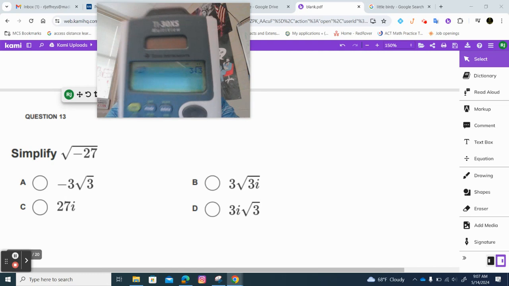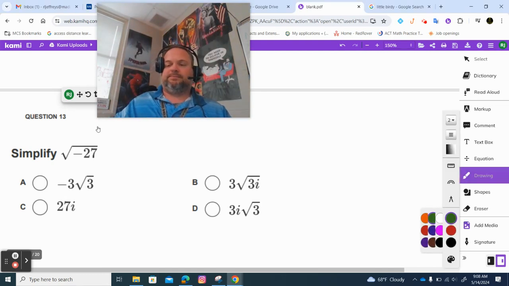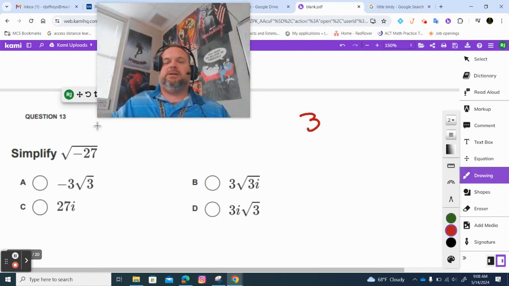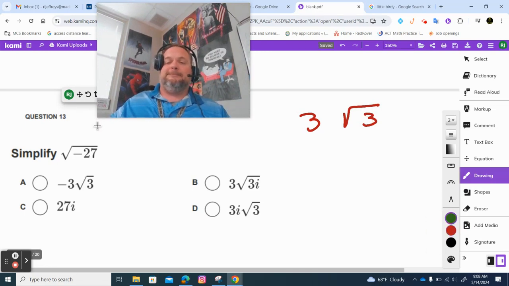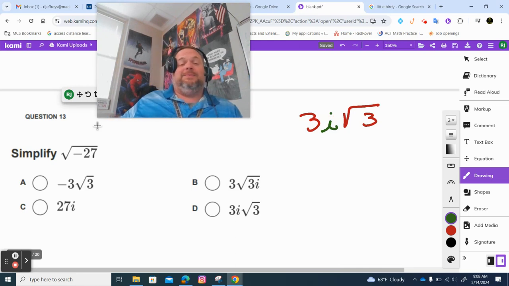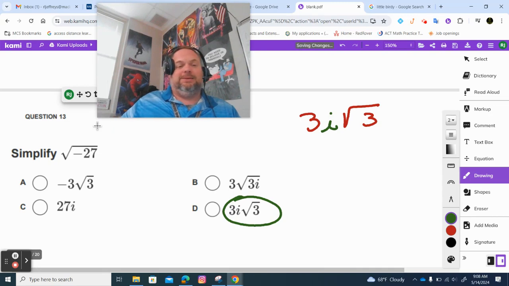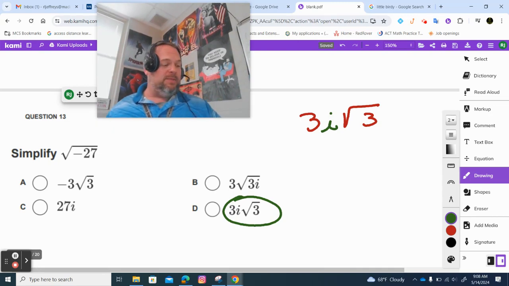Okay, it gives us 3 root 3. What do we need to add? The I. And it goes right here in between. So calculator problem, put in the positive version.